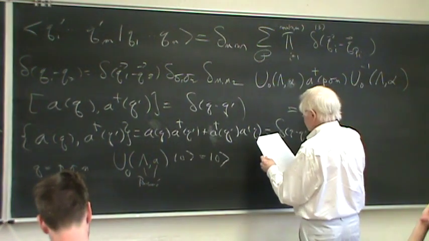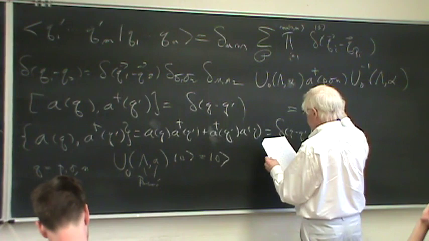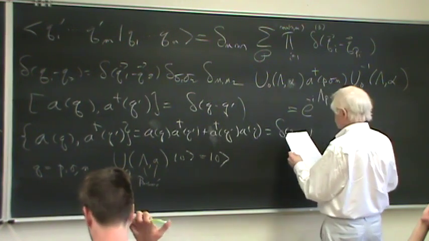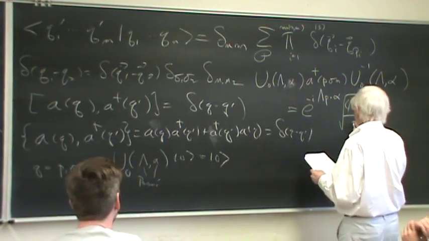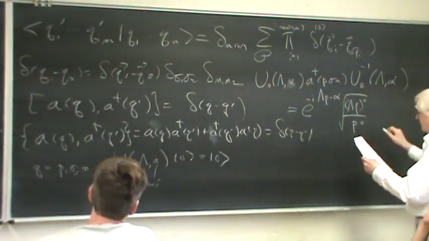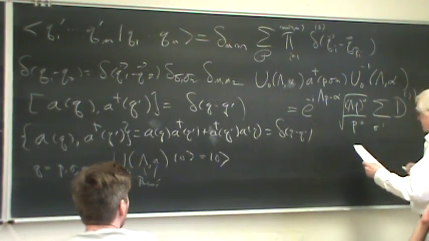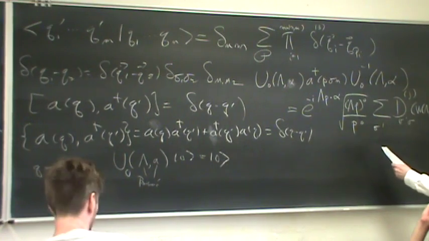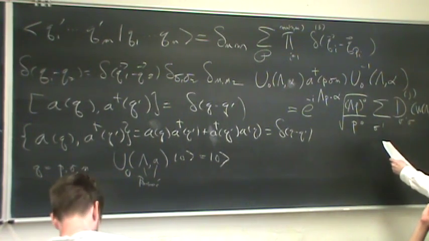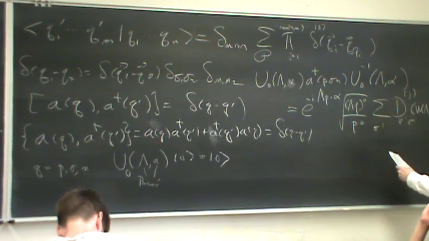And so we can just say this is e to the minus i lambda p dot alpha, square root of lambda p 0 over p 0, some sigma prime, the jth representation, the Wigner rotation, massive particles again, and then a dagger of lambda p sigma prime n.